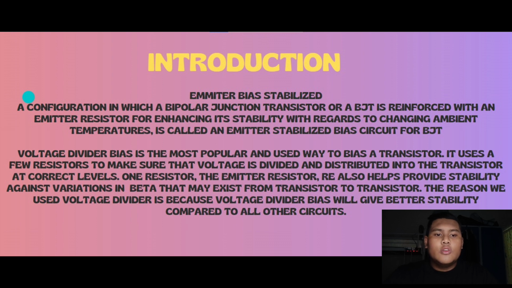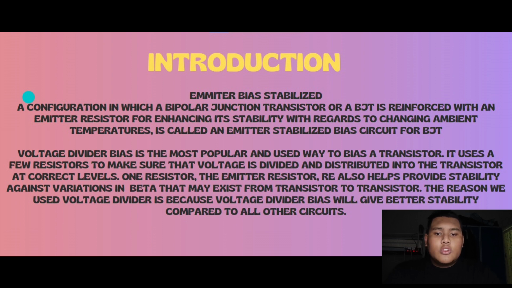First of all, emitter bias stabilized, a configuration in which a bipolar junction transistor or BJT is reinforced with an emitter resistor for enhancing its stability with regards to changing ambient temperatures, is called an emitter stabilized bias circuit for BJT.